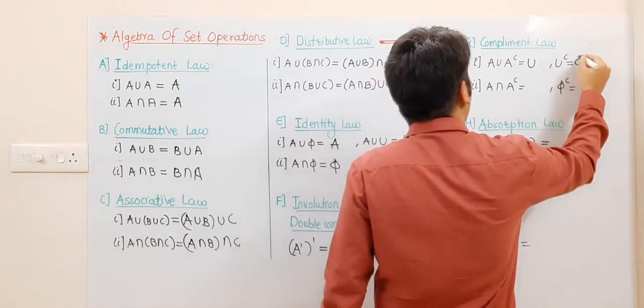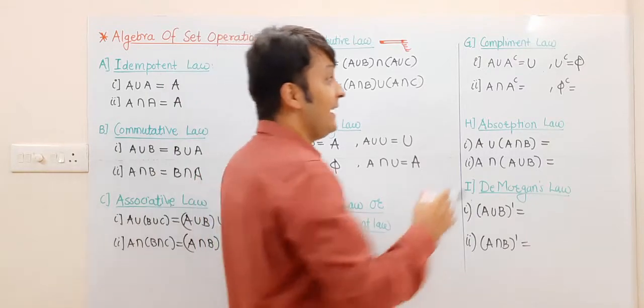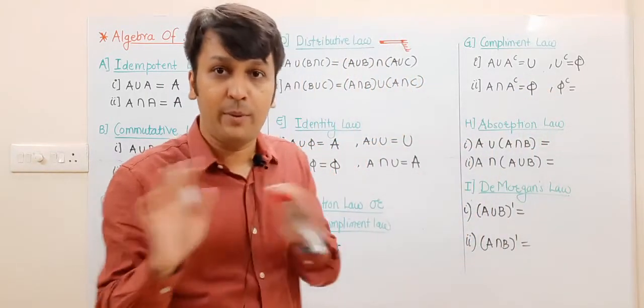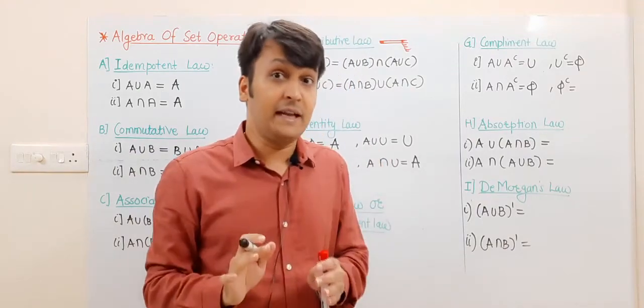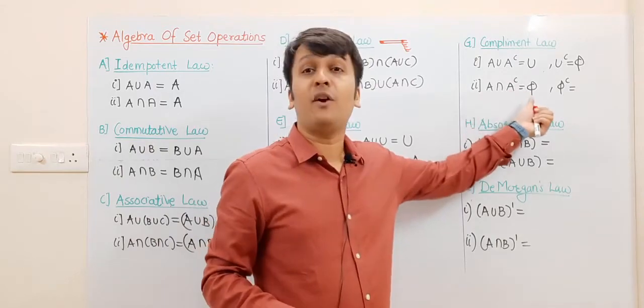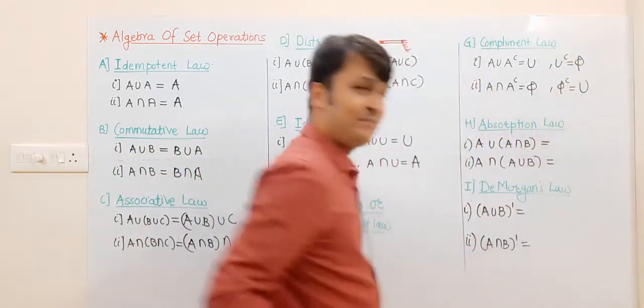Universal complement is phi because there is nothing outside the universal set. So complement is phi. A intersection A complement is phi because there is nothing common, nothing in the intersection between A and A complement. These are two different things. Phi complement is universal. Correct?